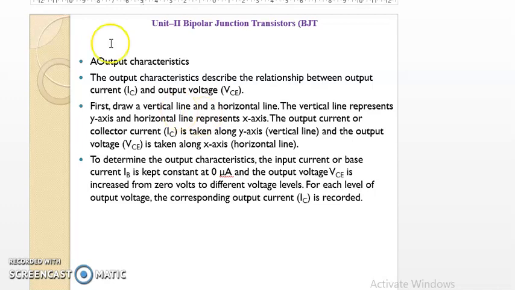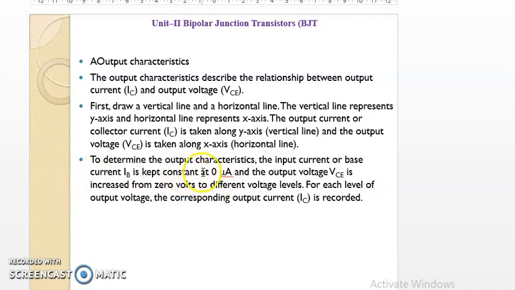Here we have to vary VCE, and the variation in output current is to be recorded, provided that the input voltage or input current is kept constant, that is VBE is taken as constant.